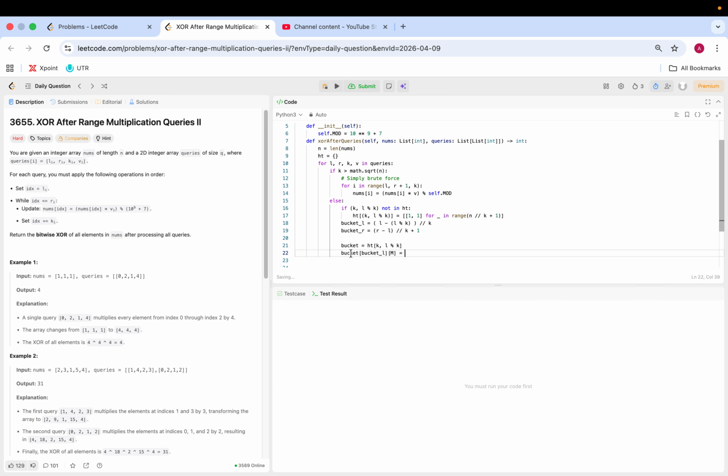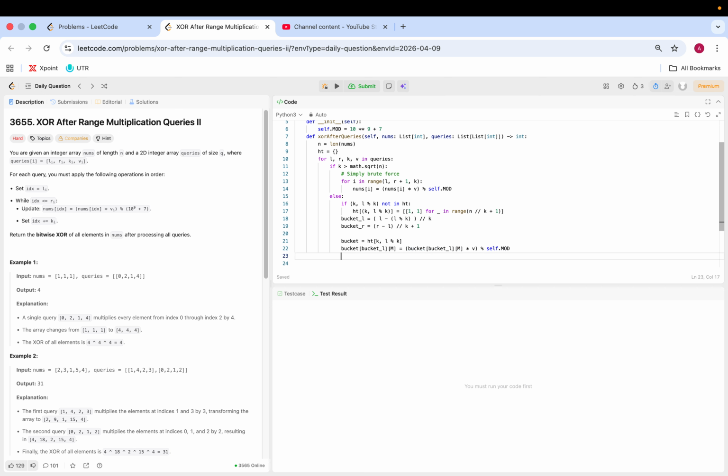Should equal this value multiplied by V, modded with self.mod. And in turn, is it fair to say that this should equal this? Is that fair game?